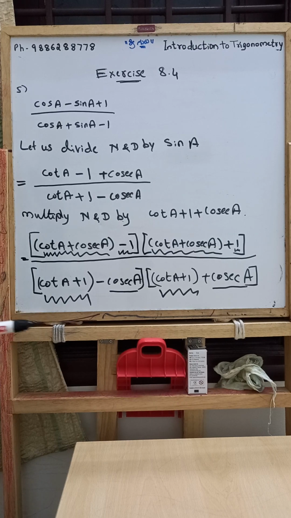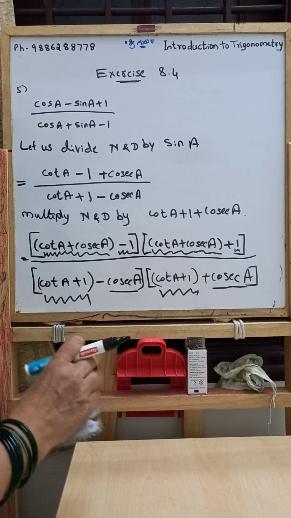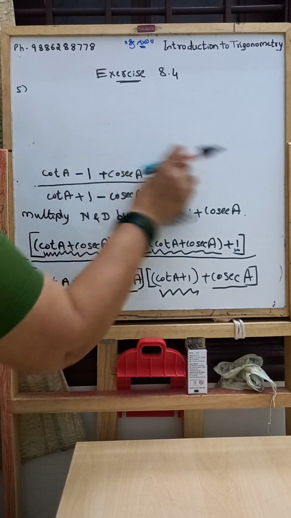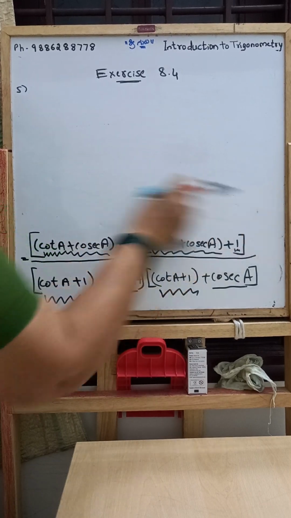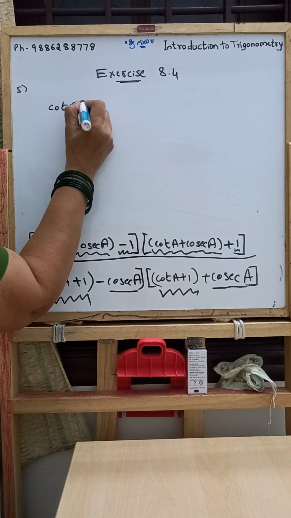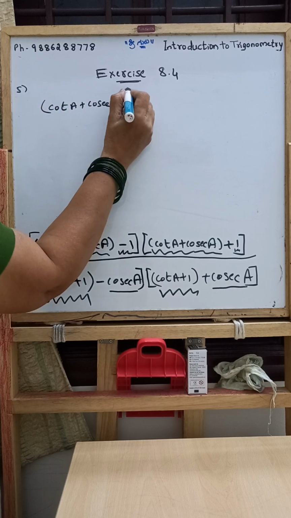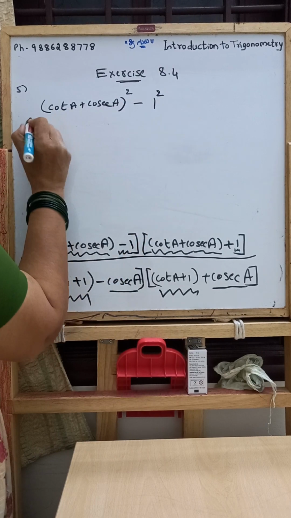By using the identity (A minus B) into (A plus B) is equal to A square minus B square, we can write (cot A plus cosec A) bracket square, that is first term square minus the second term square.